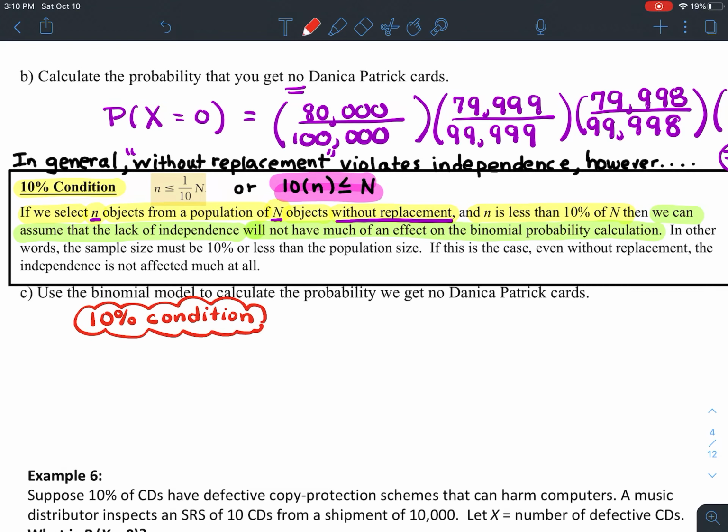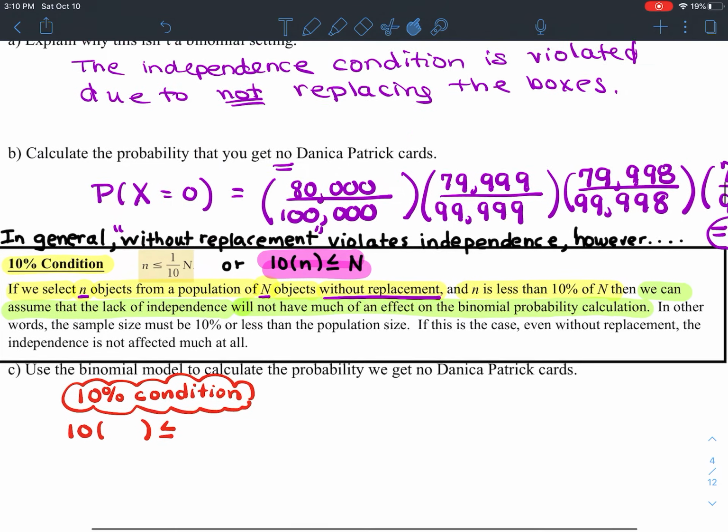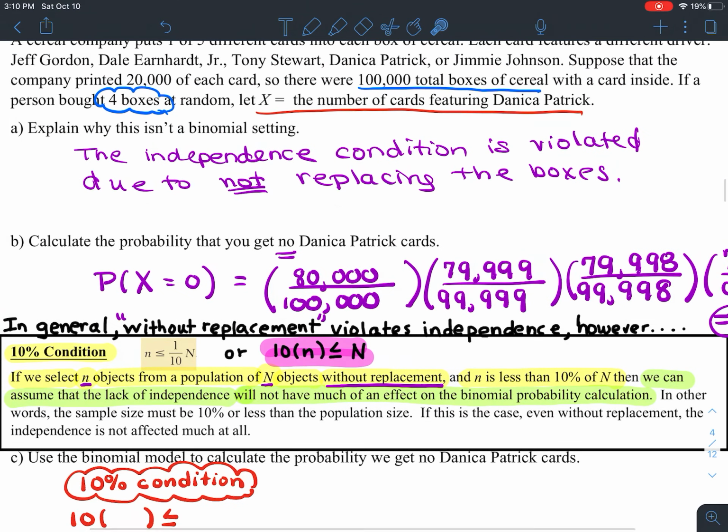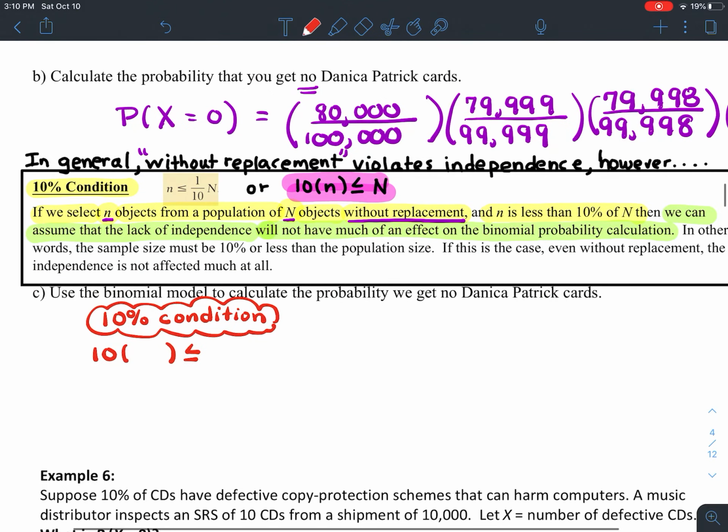Okay, what you would need to show is that if you took your sample size and multiplied it by 10, that is still going to be a small enough part of your population that it's not going to be very impactful. So in this example, our sample size was 4 boxes of cereal and the population size was 100,000.